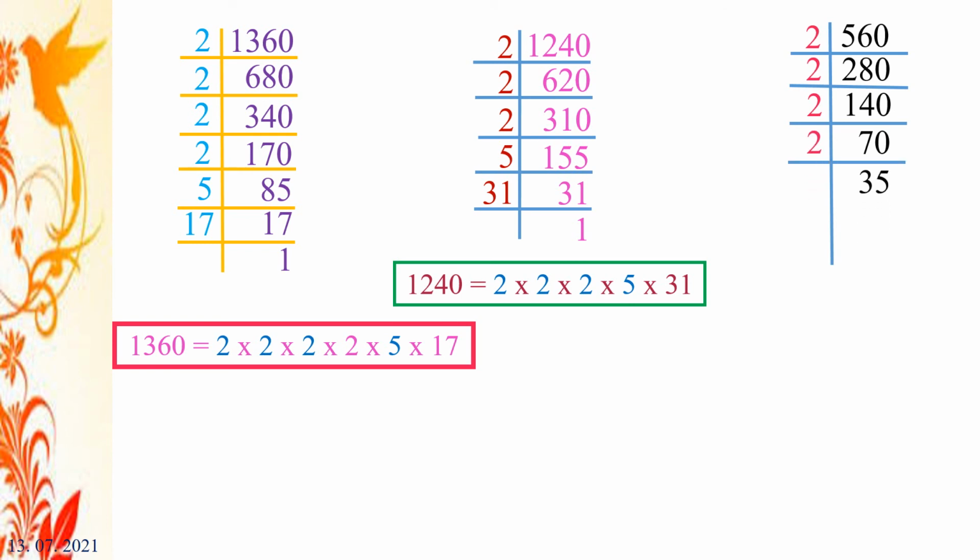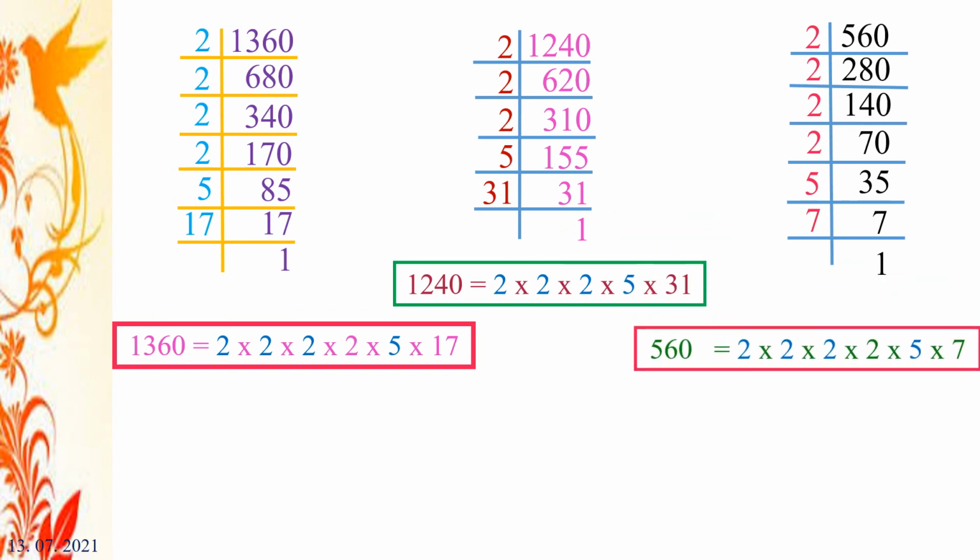We'll get 35. 35 is divisible by 5 and we'll get 7. 7 is a prime number, so 7 is divisible by 7. We'll get 1. So write all the factors of 560, that are 2 multiplied with 2 multiplied with 2 multiplied with 2 multiplied with 5 multiplied with 7.